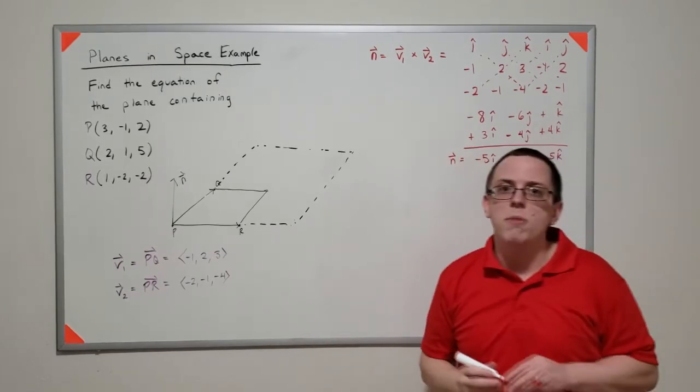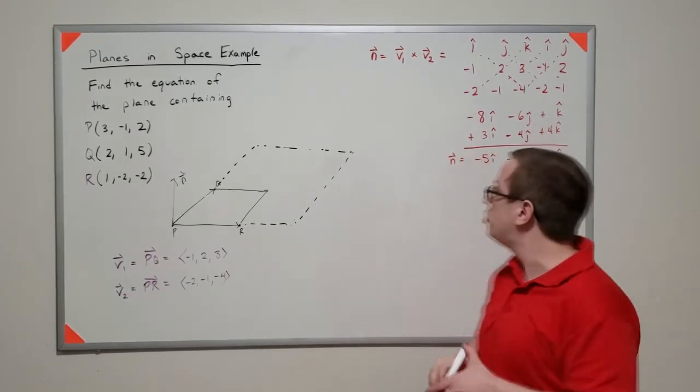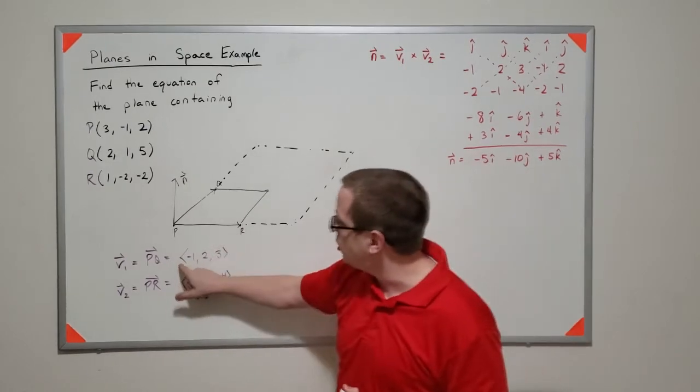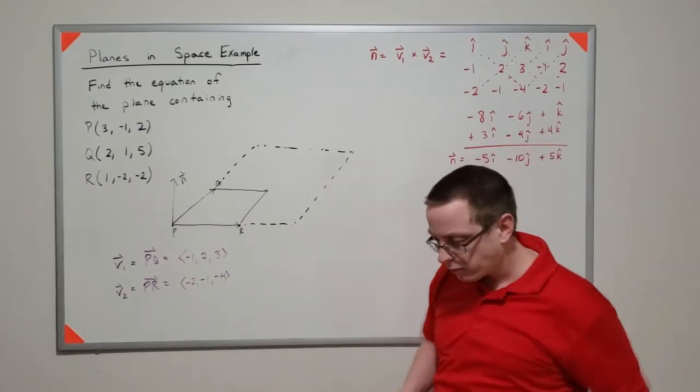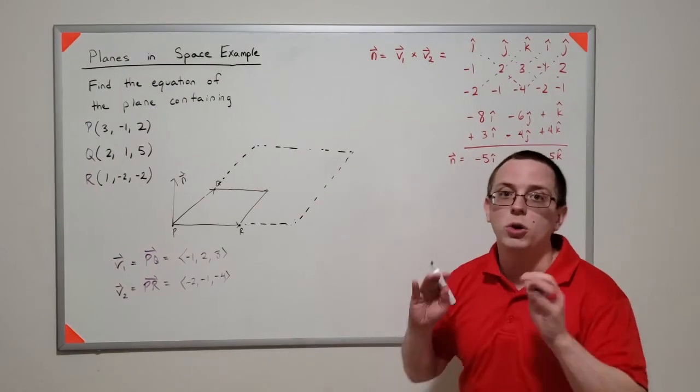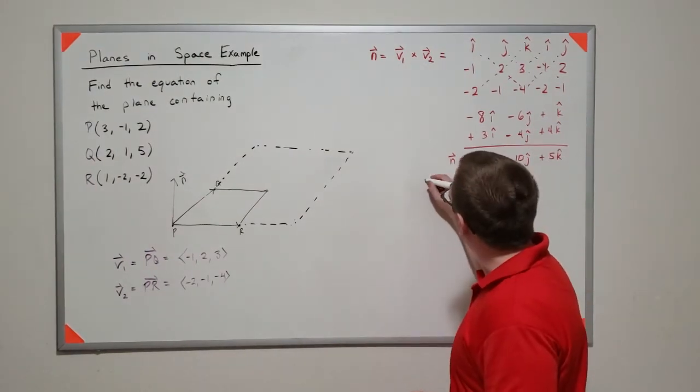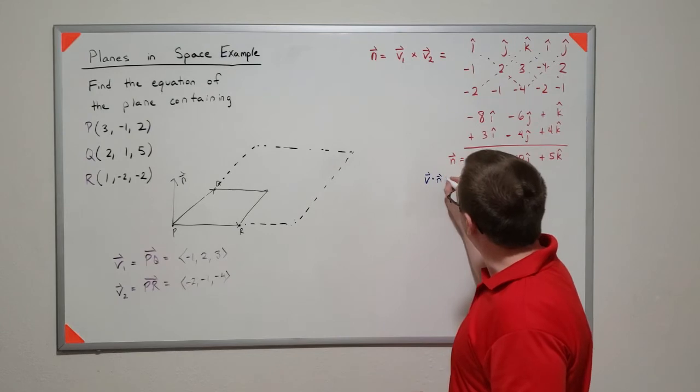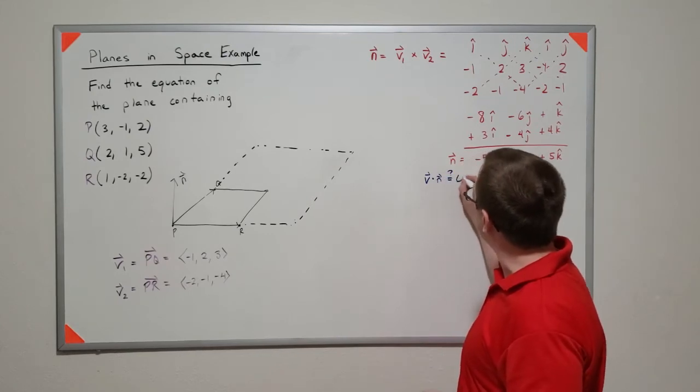At this point, you might want to do yourself a favor and just check that this is truly normal to that. So let's do a quick check and say, all right, is v dot n actually equal to 0?